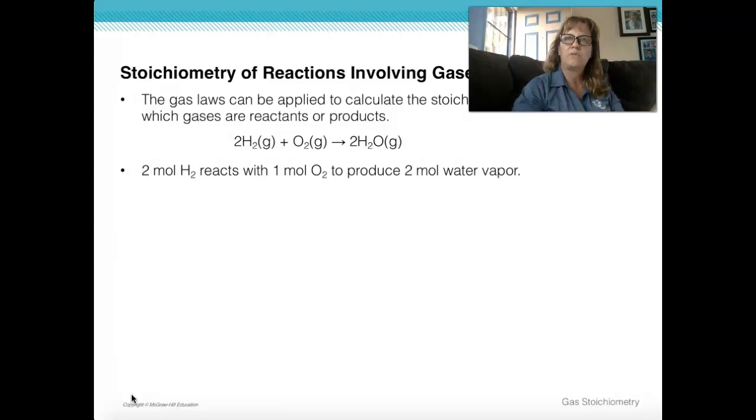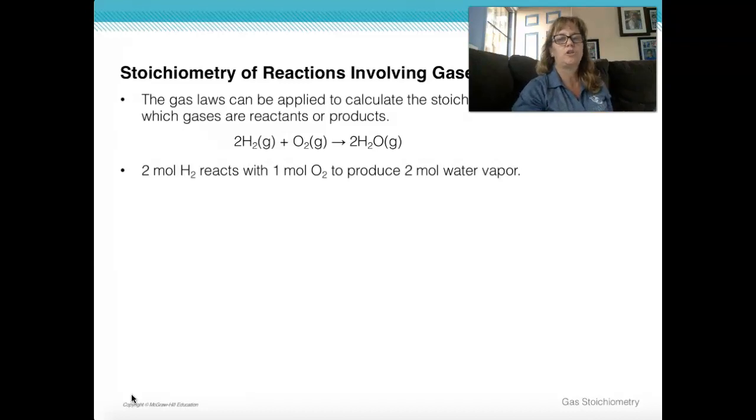Well, now, because of what you learned on Wednesday or Thursday about how moles and volume are related because of Avogadro's principle, we now can look at this chemical equation, if everything in it is a gas, and relate volume to volume as well.